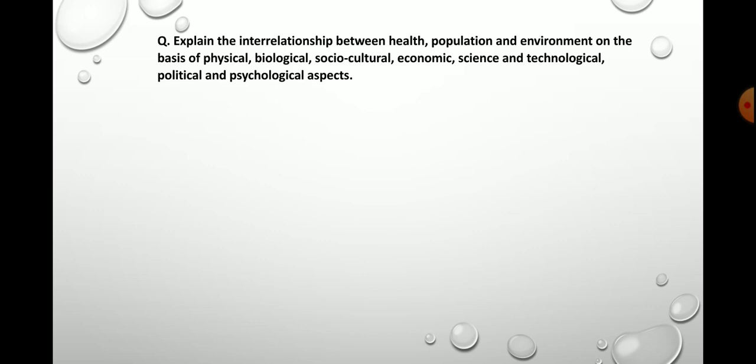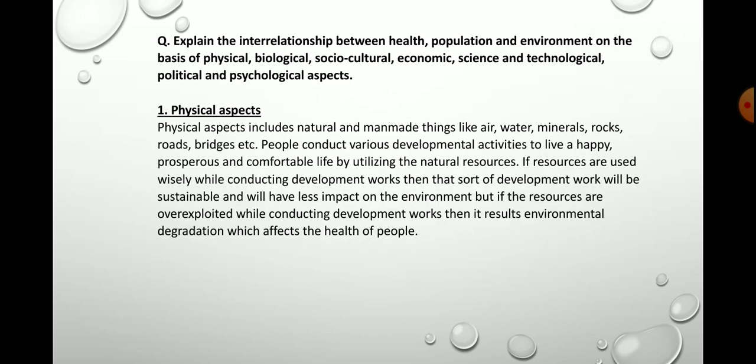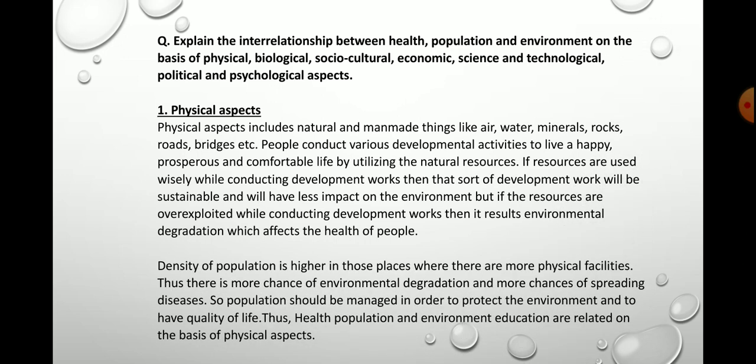The question may be like: explain the interrelationship between health, population and environment on the basis of the physical aspect, on the basis of the biological aspect, like each of them. I don't think I need to explain it more, because we have already discussed these things in class. You just read it and try to make your own answer. Don't recite it and don't try to write exactly what is written over here. You just understand it and write in your own way.